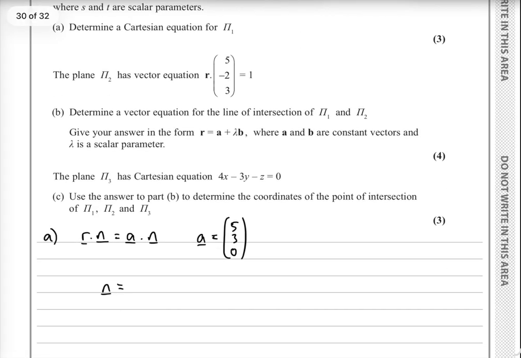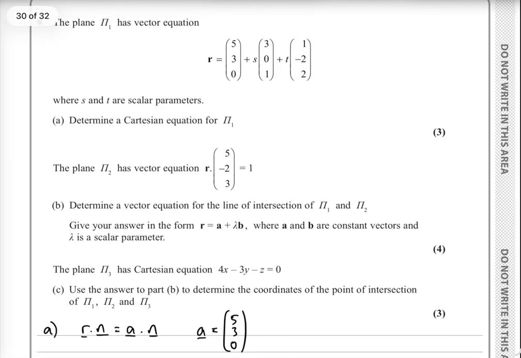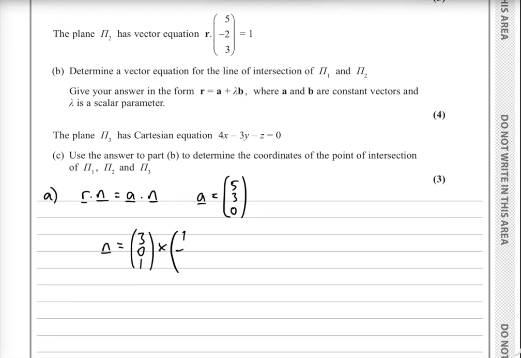3, 0, 1 crossed with 1 minus 2, 2. My little fish system gives me a 0 minus minus 2 is a 2. 1 minus 6 is minus 5. And minus 6 minus 0 minus 6.